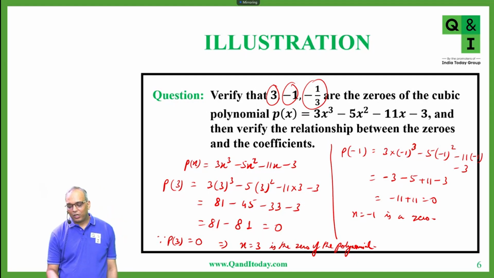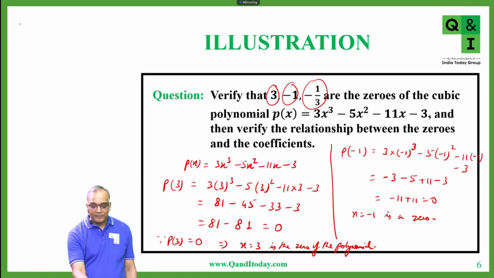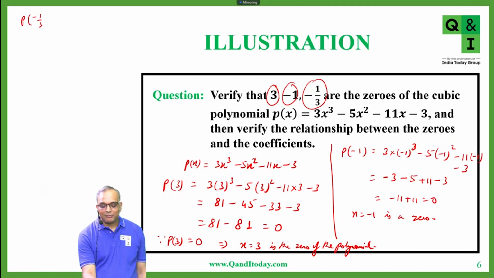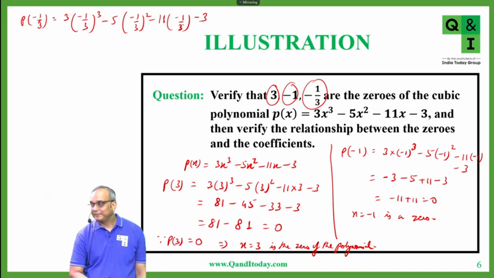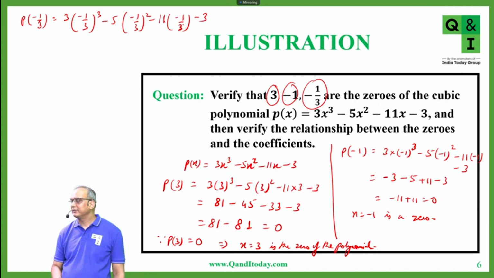Once you have done it for 3 and minus 1, you will have to check it for minus 1 by 3 as well. p of minus 1 by 3 is going to be 3 times minus 1 by 3 whole cube minus 5 times minus 1 by 3 whole square minus 11 times minus 1 by 3 minus 3.